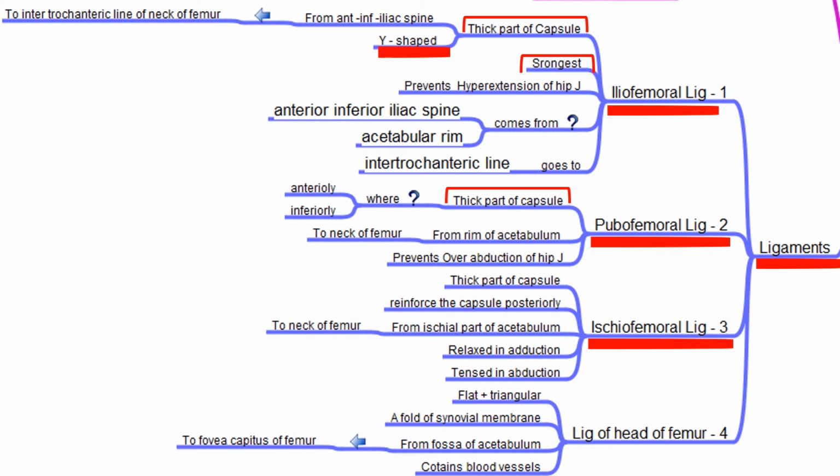Then the third one is the ischiofemoral, from the ischium to the upper end of the femur.